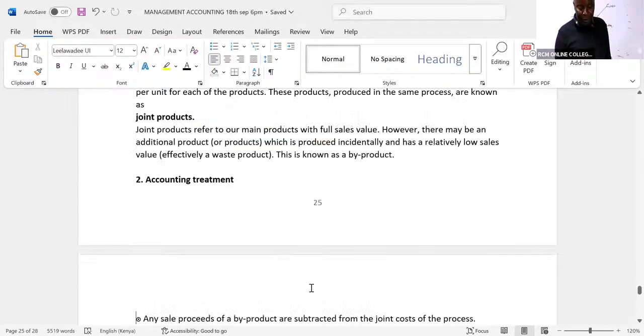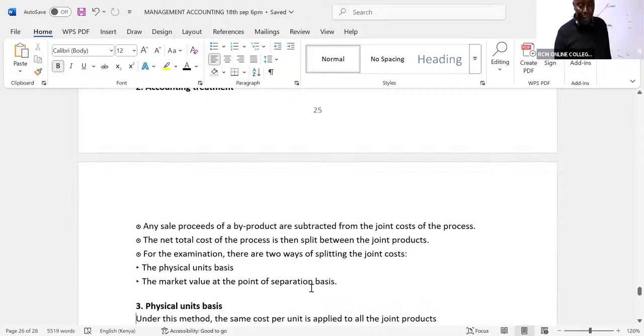Accounting treatment: any sale proceeds of a byproduct, that waste material like the sawdust, are subtracted from the joint cost of the process. The net total cost of the process is then split between the joint products. For examination purposes, there are two ways of splitting the joint costs. We have the physical units basis.